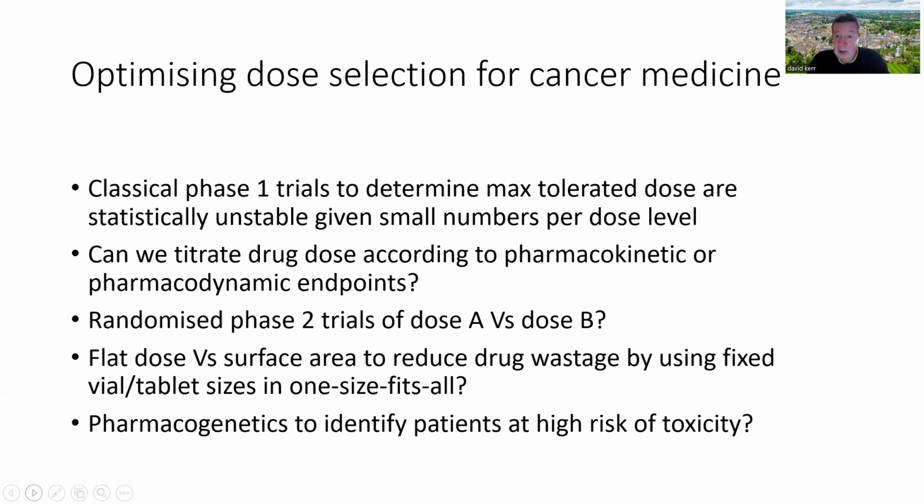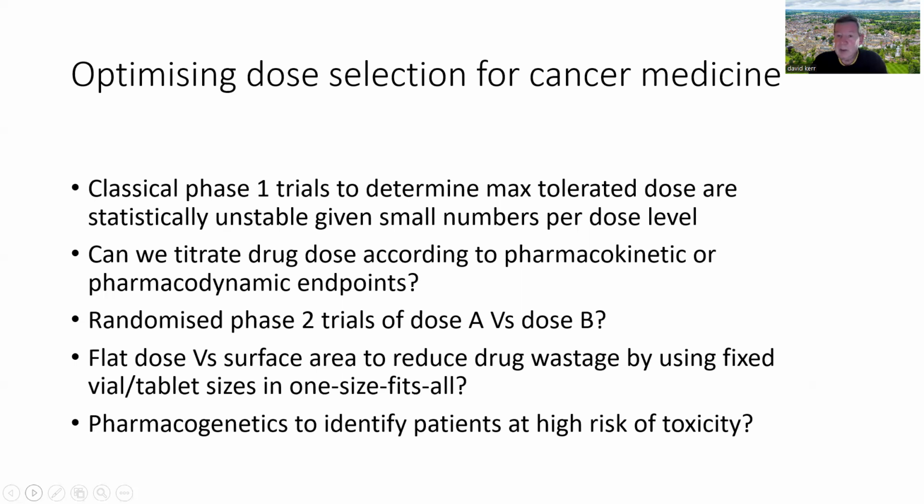One other thing that we should consider is, how do we deliver the drugs? Do we really need to calculate the dose of our drugs with such precision that we use a multiplier of body surface area? The rationale for this is weak. As a clinical pharmacologist, I would want to be able to take account of our patients' hepatorenal function, the organs involved in metabolism or excretion. If we had measurements of those, then of course we could titrate drug dose.